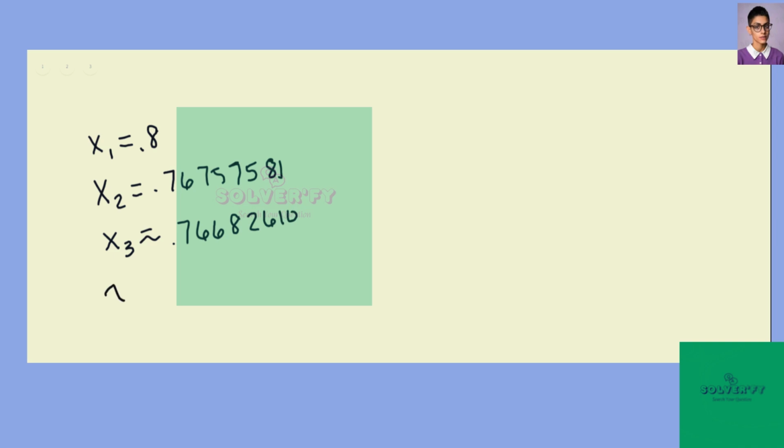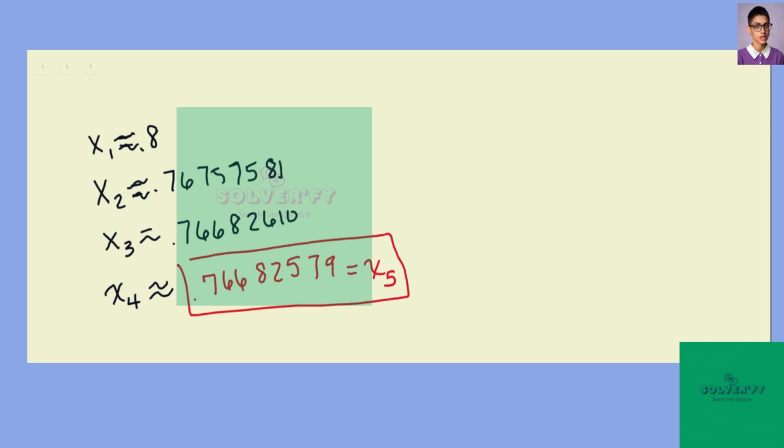I put that in for x sub 4, and these are all approximates, of course. 0.76682579, and when I put that in for x sub 5, it's the same thing. So that would be my answer. It's converging on that answer.